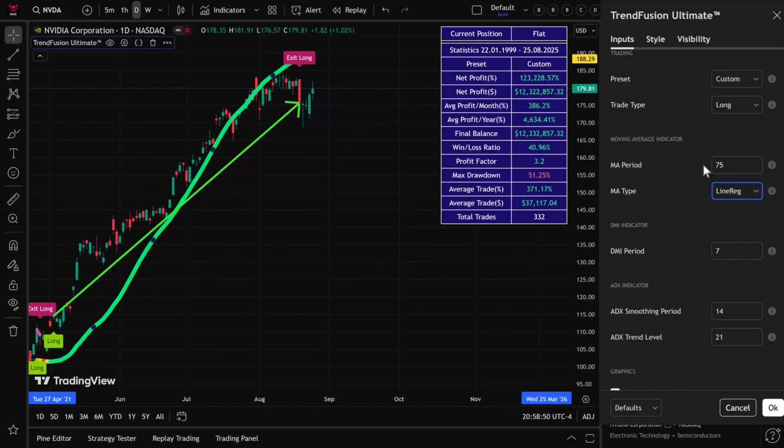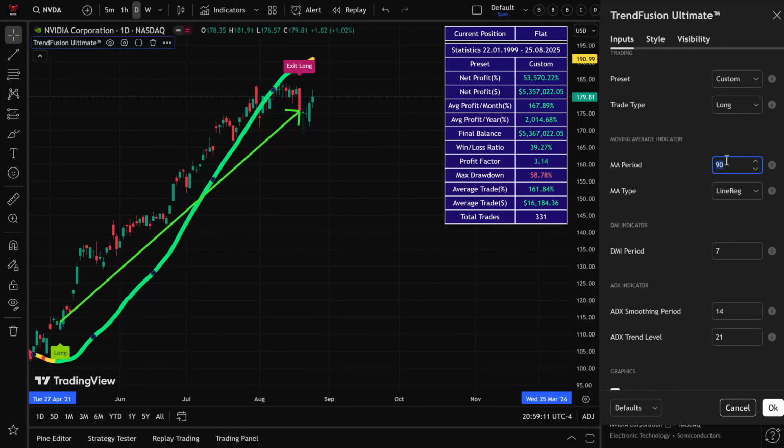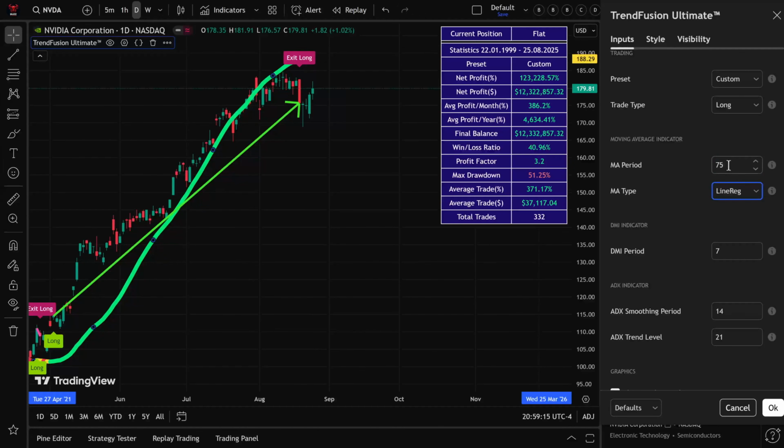So we have 123. This is a lot. So 75, 123. Let's try 80. It's less, right? Let's try 90. It's less, right? So 75 gave us 123. I found a local top within plus or minus 5 or 10.